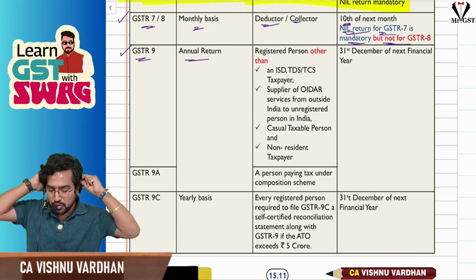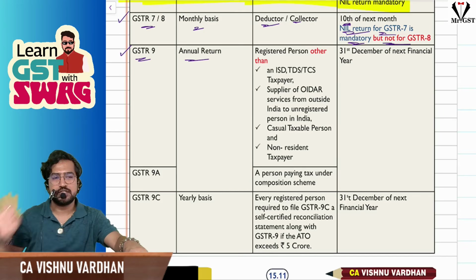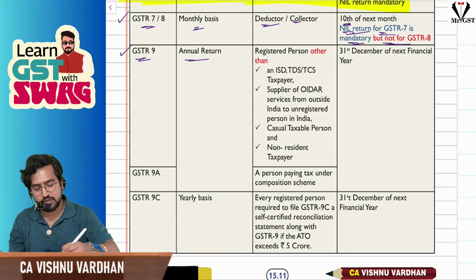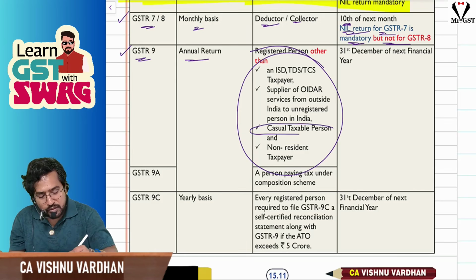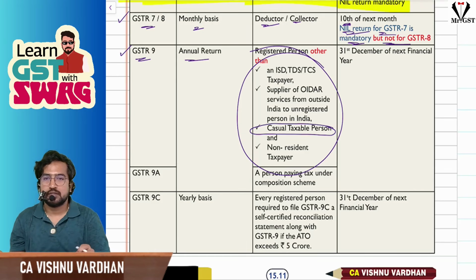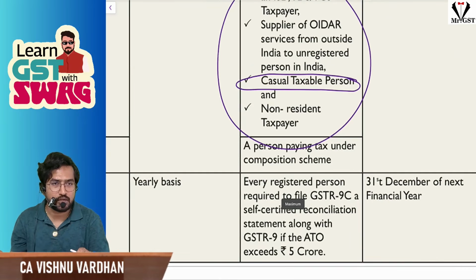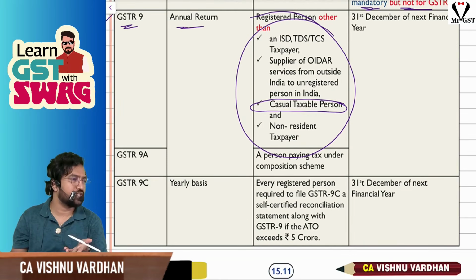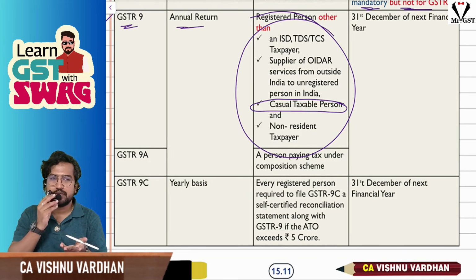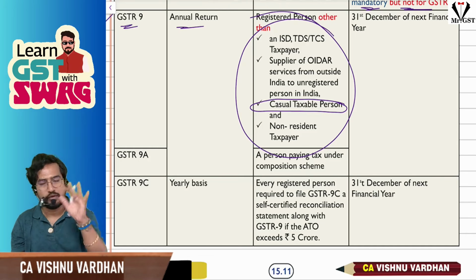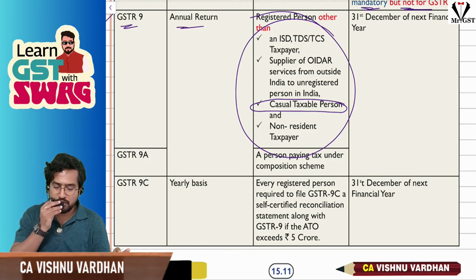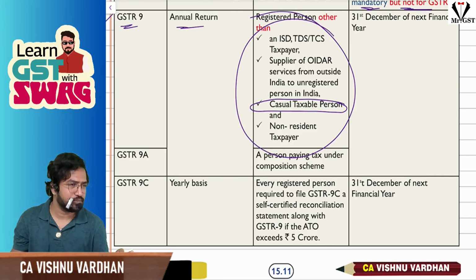Casual taxable person should file GSTR 1, but GSTR 9 is not required. That person's registration validity itself is maximum 90 days. It can be extended further for a maximum of 90 days. So total 180. Then why do we need annual return for him?